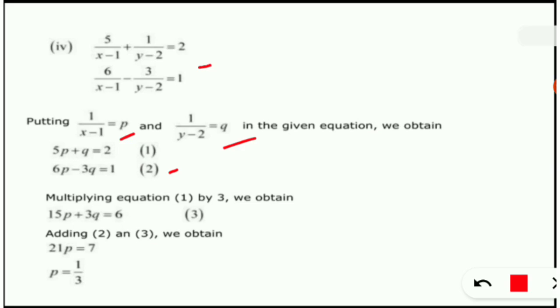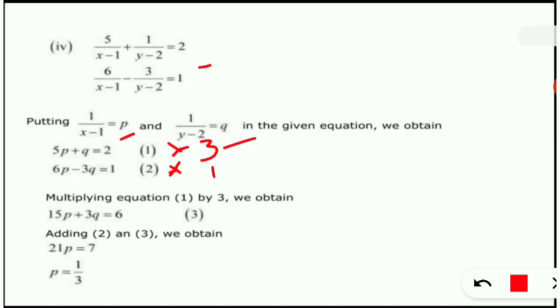The coefficient of q in the second equation is minus 3, but in the first equation the coefficient of q is only 1. So that's why we multiply equation 1 by 3 and equation 2 by 1.